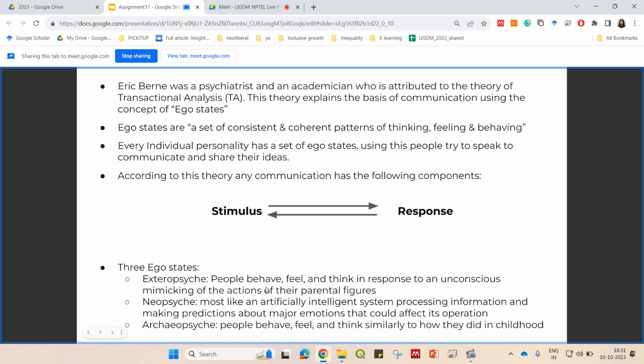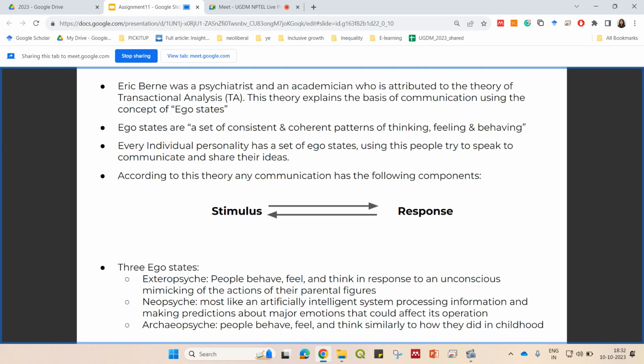So in the exteropsyche, people behave, feel, and think in response to an unconscious mimicking of the actions of their parental figures. So it's not necessarily only their parents; it can be any elder, it can even be some leader which they follow, maybe their teacher or their guide who might have guided them.